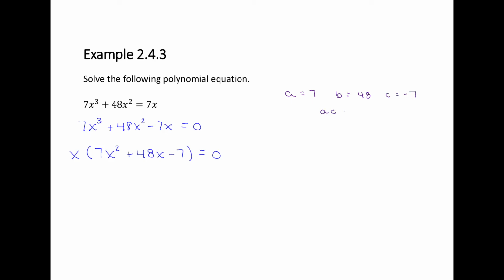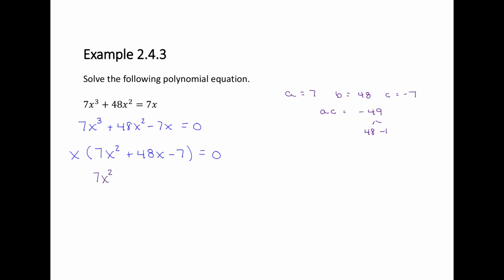I'm going to take A times C, which will be -49, 7 times -7, and I need to find 2 numbers that multiply to get -49, but at the same time combine to get +48, and that would be 48 and -1. So I'm going to rewrite my quadratic factor here in 4 terms.